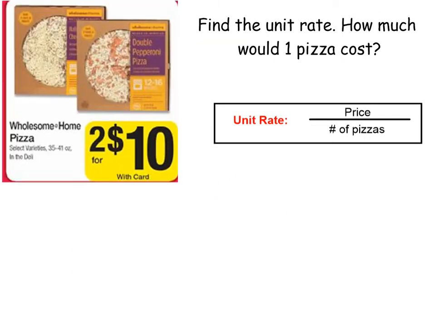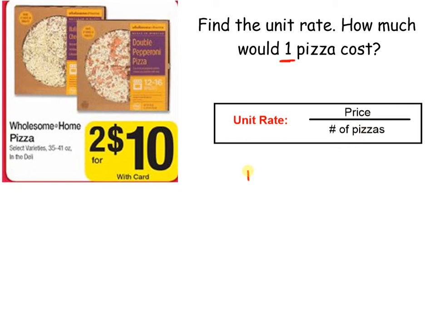Okay, let's try another example. So here we have some more frozen food aisle items, but we have pizza. So we need to find the unit rate. How much would 1 pizza cost? So the advertisement is for 2 pizzas. Let's find the unit rate. Price over pizzas.